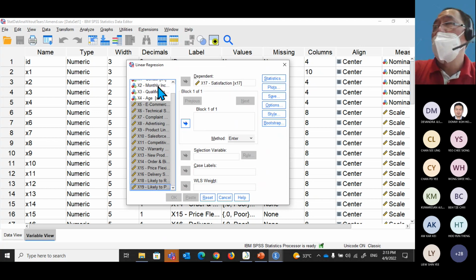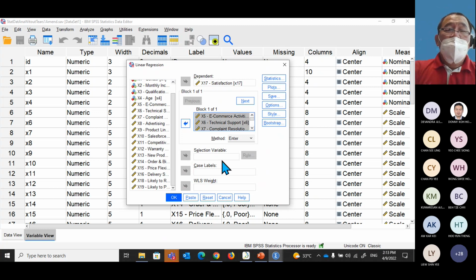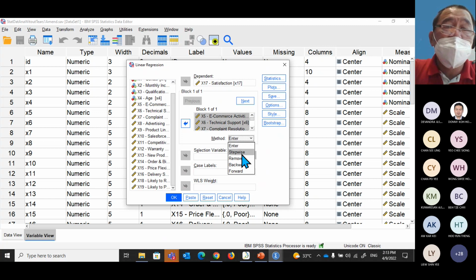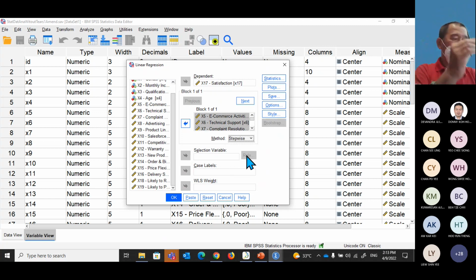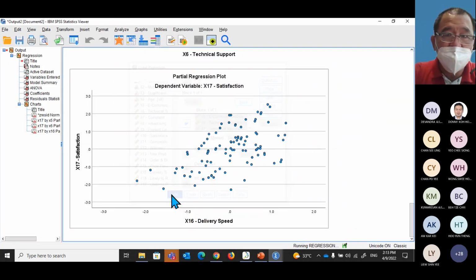X17 is still the dependent. And we change the enter to stepwise, and then click OK.